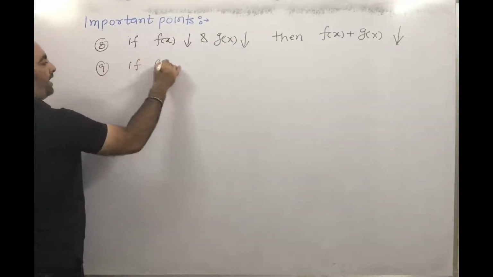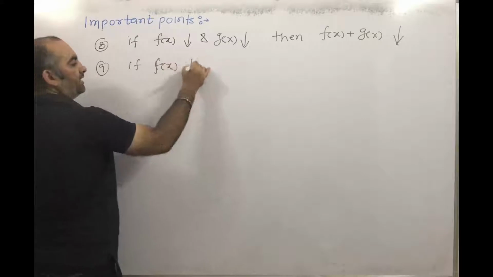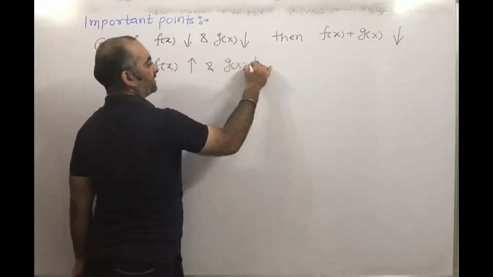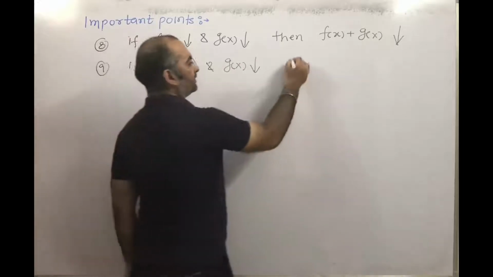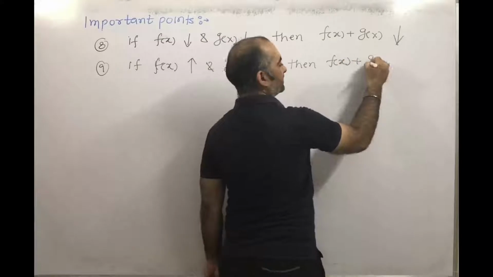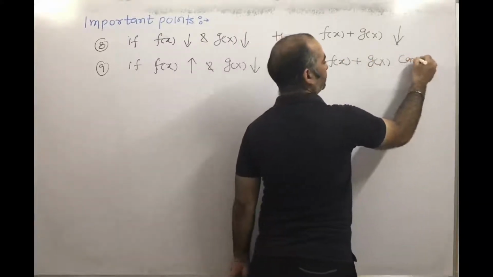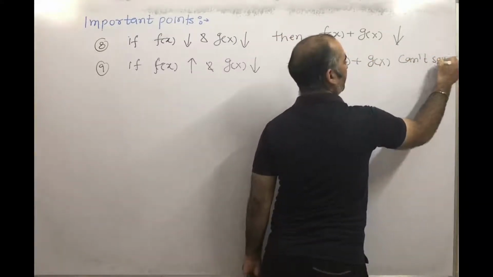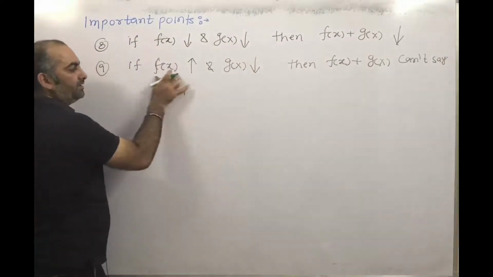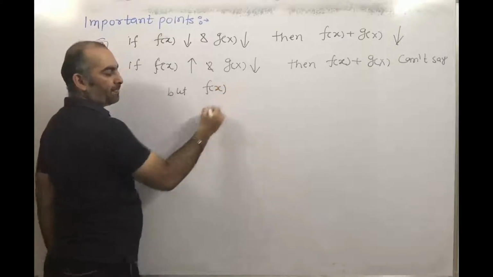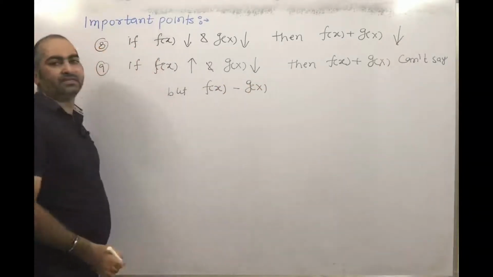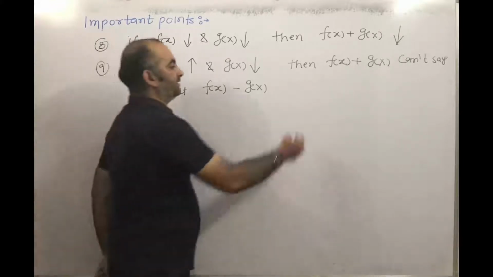If f of x is increasing and g of x is decreasing, then f of x plus g of x we can't say. But in the same way, f of x minus g of x we can say it will be increasing.